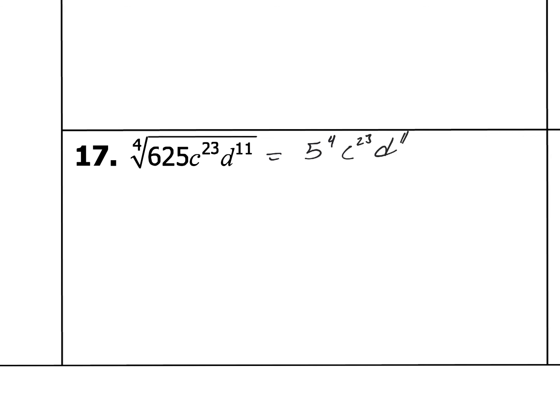If I just divide all of these by the 4, we know that 5 is going to come outside. 23, that is 20, so 5 groups of 4, and there's 3 remaining. So 23 divided by 4 is 5 with a remainder of 3. When I take this out, I'm going to take out 5 c's, and I'm going to have to put 3 c's back inside of here.